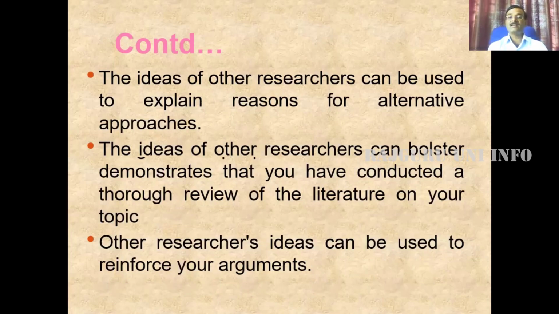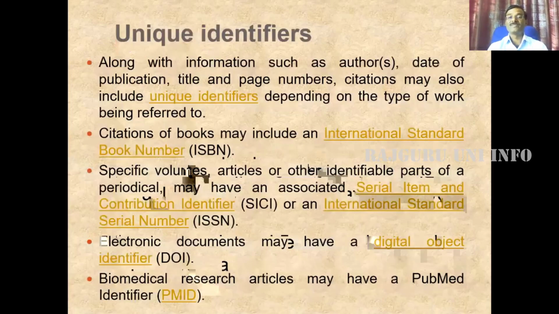Ideas are considered intellectual property, and there can be serious repercussions if you fail to cite where you got an idea from. So it is very important for all researchers to cite the work of others in their research, so that they clearly state what kind of work they have referred to, and how enthusiastically they have concentrated on the topic or problem of research.